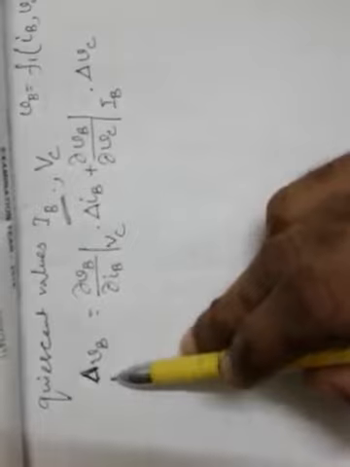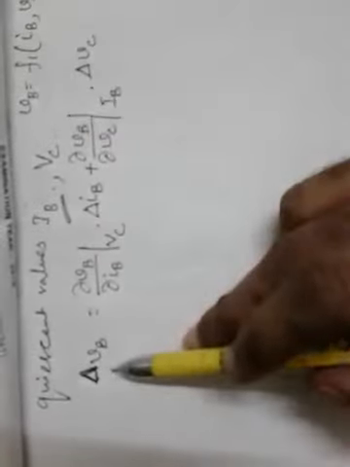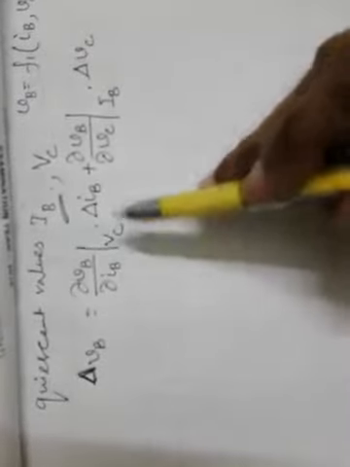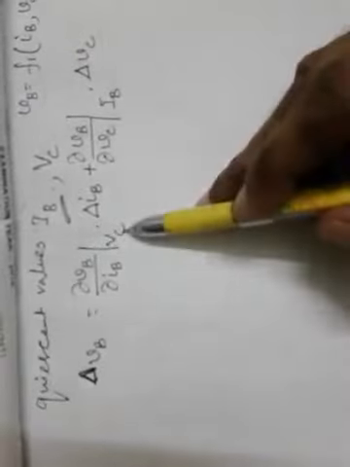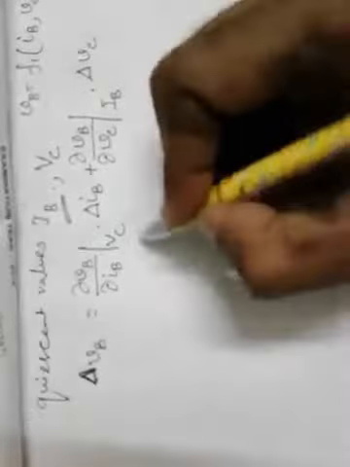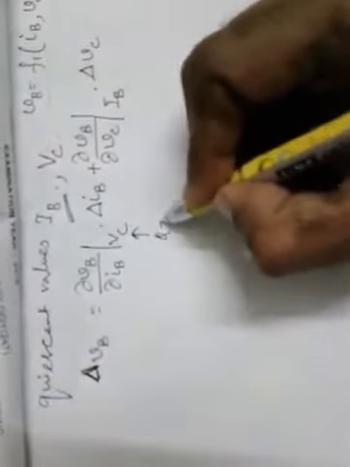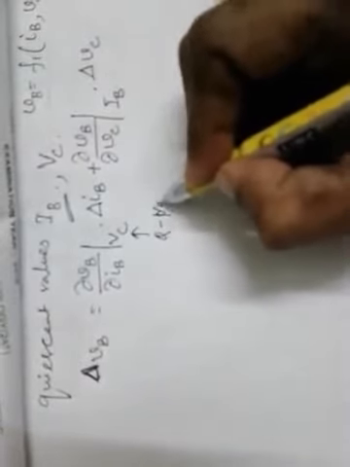So the change in VB is written as delta VB, that is the partial change of VB with respect to IB, this one, when the other independent variable is constant, plus the partial change of VB with respect to VC when the other variable IB is constant. That means they are at their DC values. So these are the Q point values.